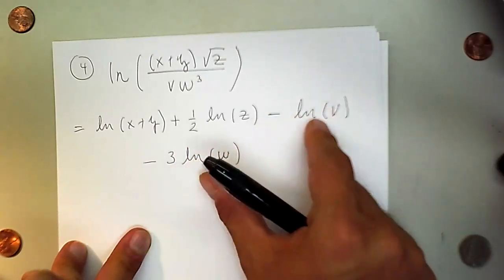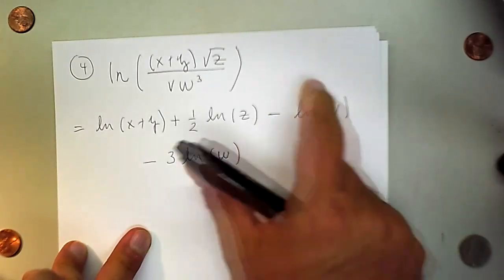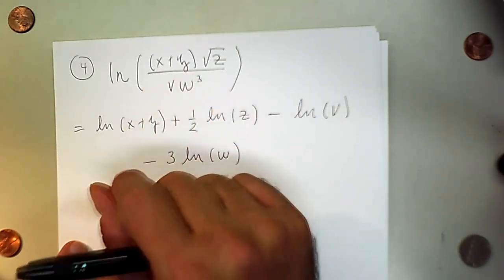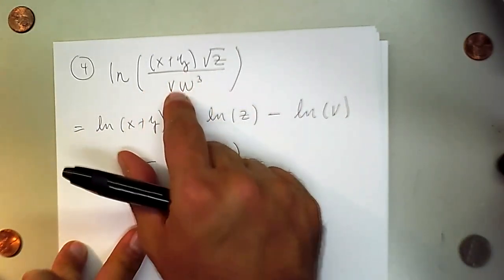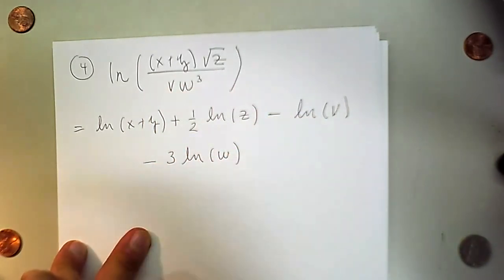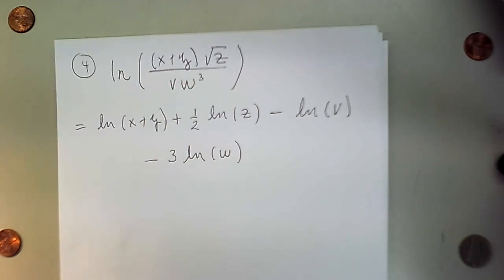Even though initially those two had a plus in between, because the whole thing is in the denominator, and we distribute the negative corresponding to that denominator, those two negatives do show up. So again, I try to do this in one shot.